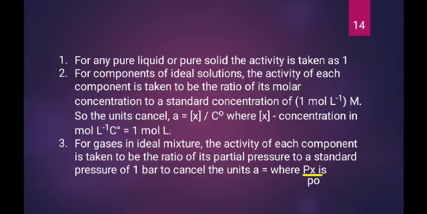So the units cancel. a is equal to [X] per c0, where [X] is the concentration in mole per liter and c0 is the standard concentration. For gases in an ideal mixture, the activity of each component is taken to be the ratio of its partial pressure to the standard pressure of 1 bar, so that the unit cancels: a is equal to Px upon P0, where Px is the partial pressure of the gas and P0 is equal to 1 bar.